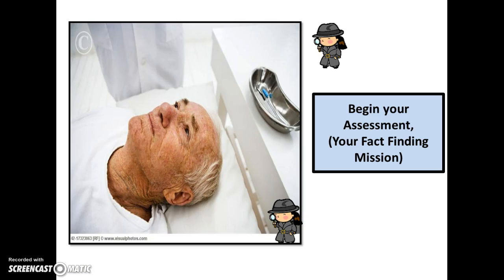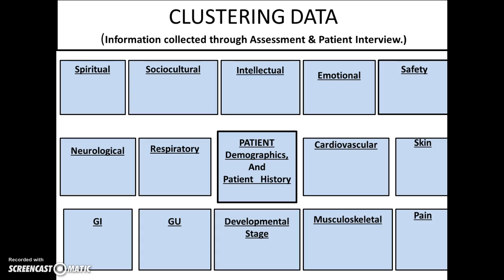So we begin the assessment, and in the assessment we found all that information that I previously stated. Here's the clustering data form again. So, safety, the patient fell. We know developmentally this patient is an older adult. He's 72. Cardiovascular, he has a history of hypertension.